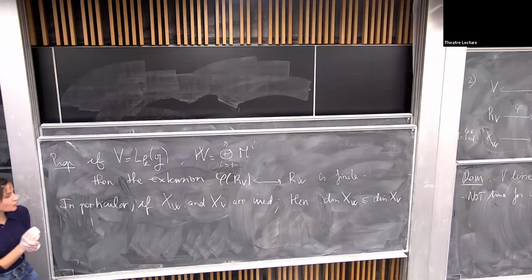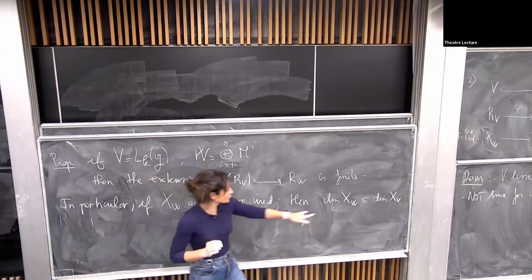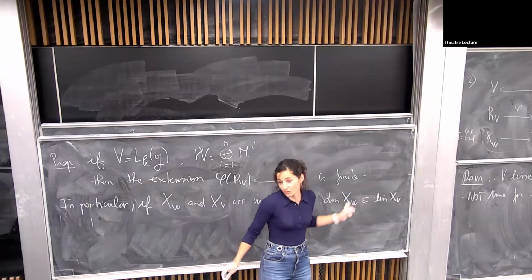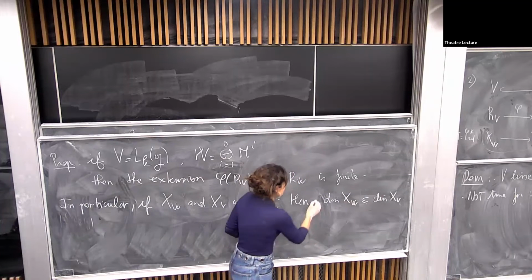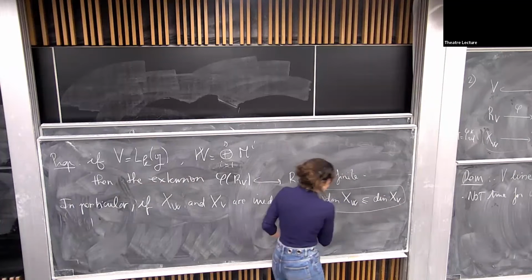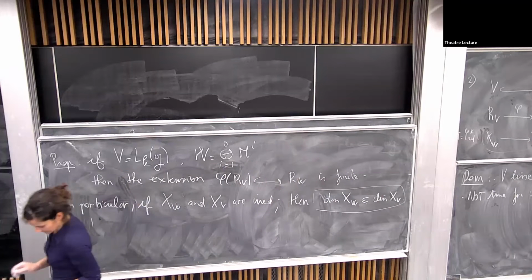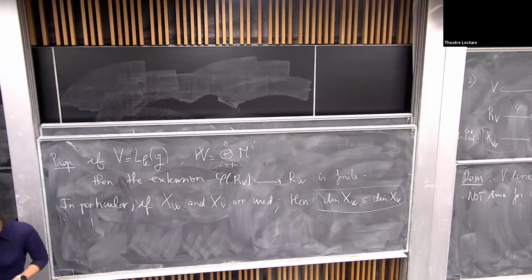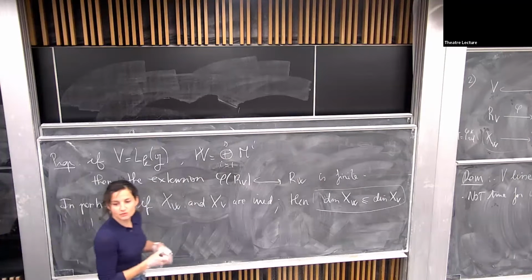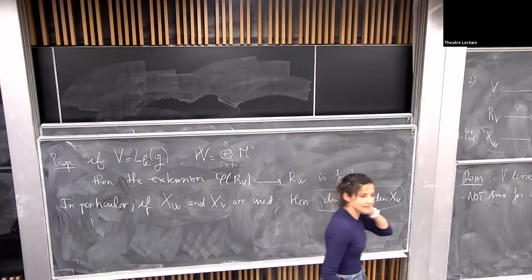So to prove the conjecture in this setting, it's enough to check that the dimension is bigger. So it's not trivial, but at least we reduce to something which looks a bit more reachable.